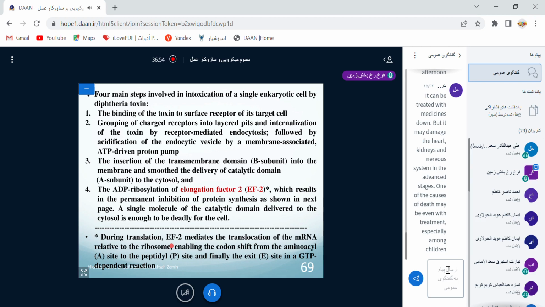Then it continues in the second part, amino acid polymerization, which we call elongation, done by different elongation factors, like elongation factor 1 and 2 and the others.